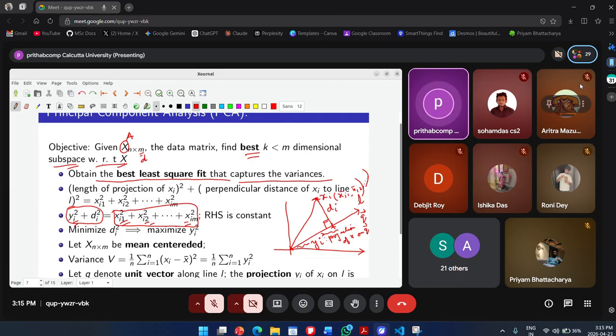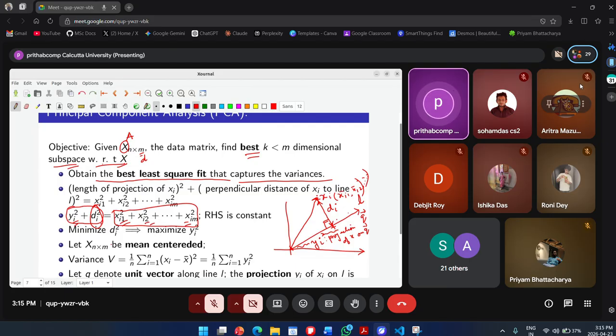Now this particular value is a constant, because all these coordinates of the data points are already given. So what is our objective? I want to find a line L such that the distance of all points to the line is minimized. That means I want to minimize di square.